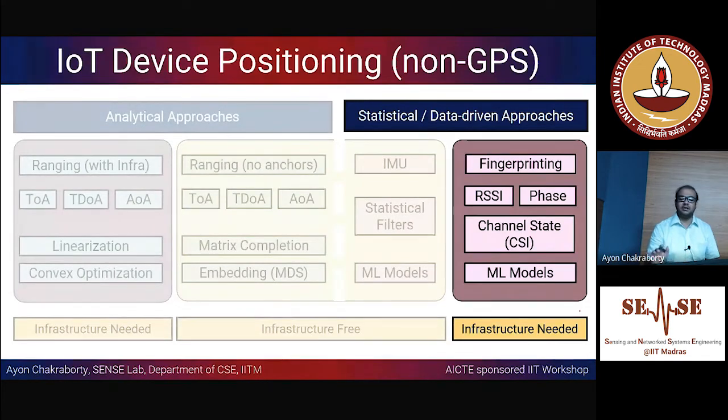If you have a research background or you want to pursue research in this particular direction of localization, and that could be the reason you have taken up this seminar or short-term course, you could look at very standard papers where they are trying to use sophisticated ML models, or trying to use a combination of phase or channel state information in order to derive the location.